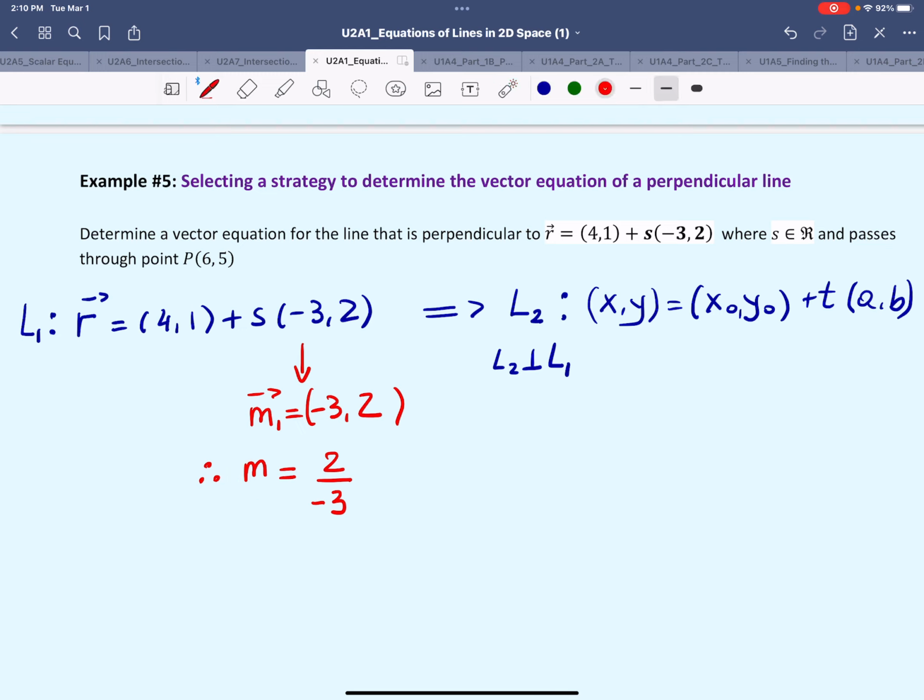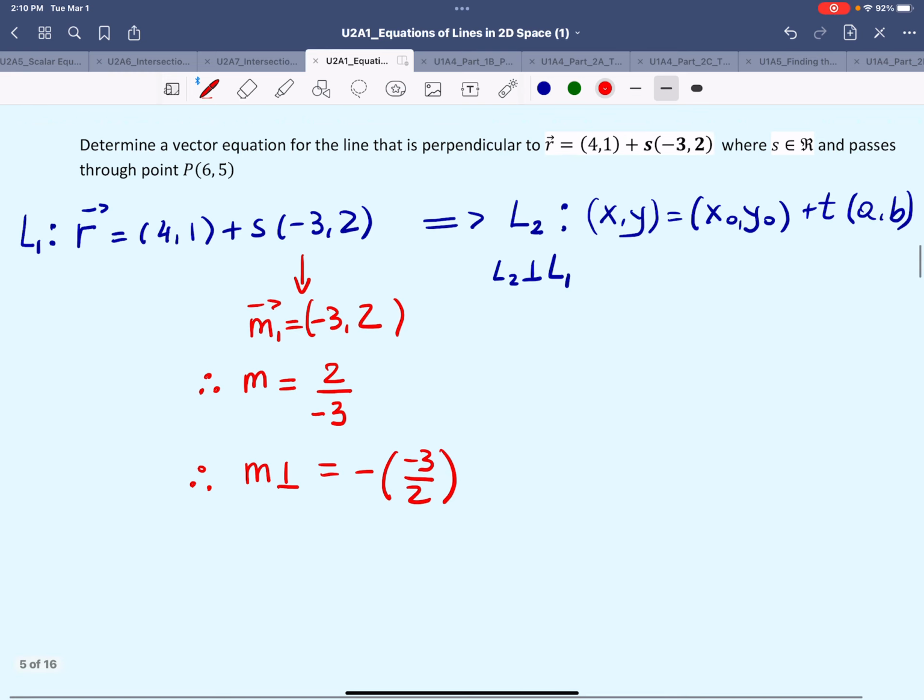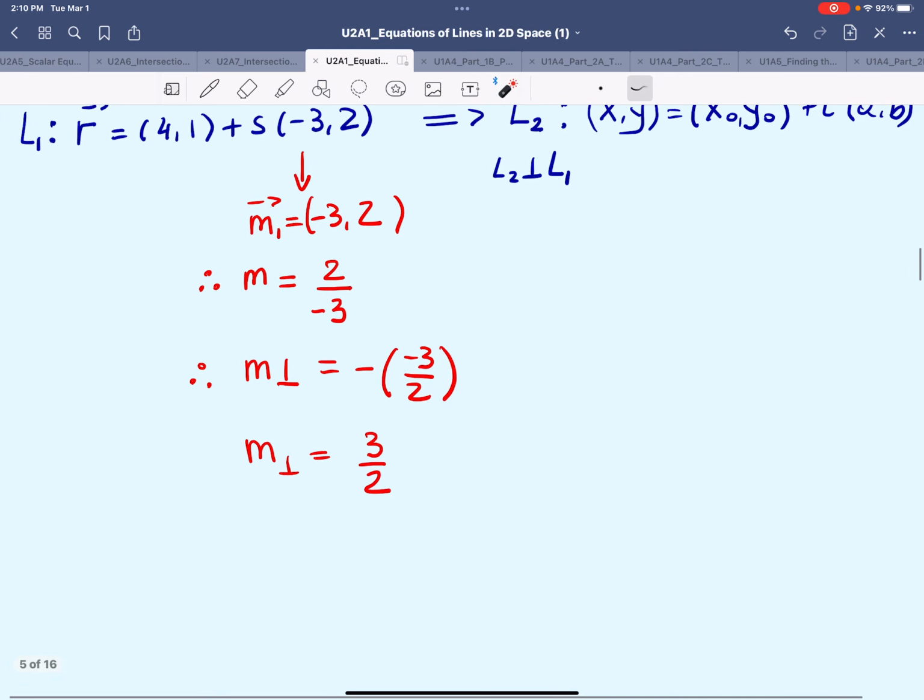Now, if the slope of a line is 2 over -3, therefore we're going to say that the slope of the perpendicular to it must be equal to the negative reciprocal. So negative of -3 over 2. So the slope of the perpendicular is 3 over 2. So knowing the slope of a line, we can derive its corresponding direction vector.